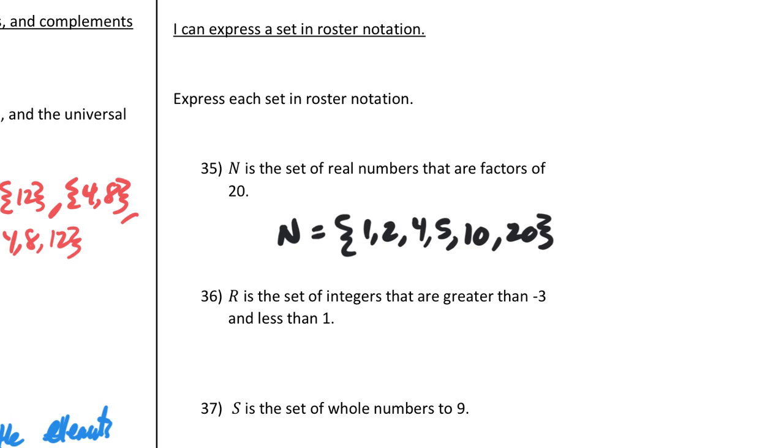R is a set of integers that are greater than -3 and less than 1. Okay, so R is that set. Curly braces. The integers greater than -3: that's -2, because that's the first one that's bigger than -3. And then -1 and 0. And that would be it. I wouldn't include 1 because it's less than 1, right? So there you go.